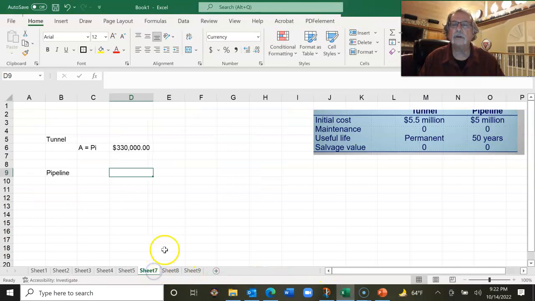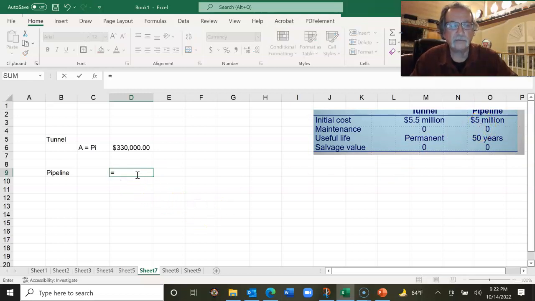So let's see how that works. So the tunnel, A equals PI, is fairly straightforward. And that's derived from the formula P equals A over I. The pipeline, we're going to annualize the first $5 million. And you do that by using the payment function.